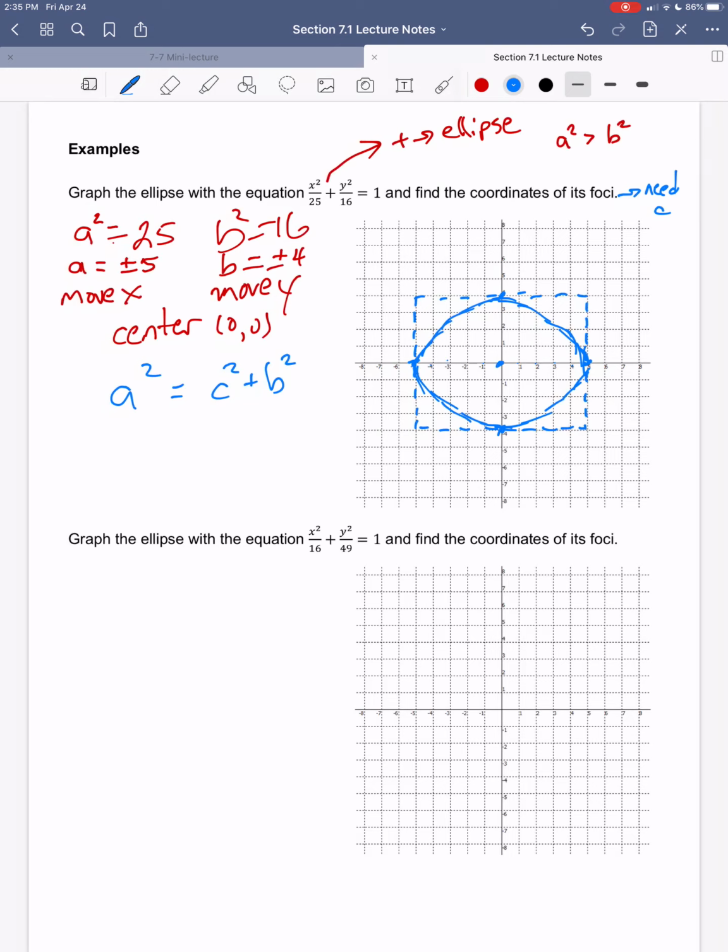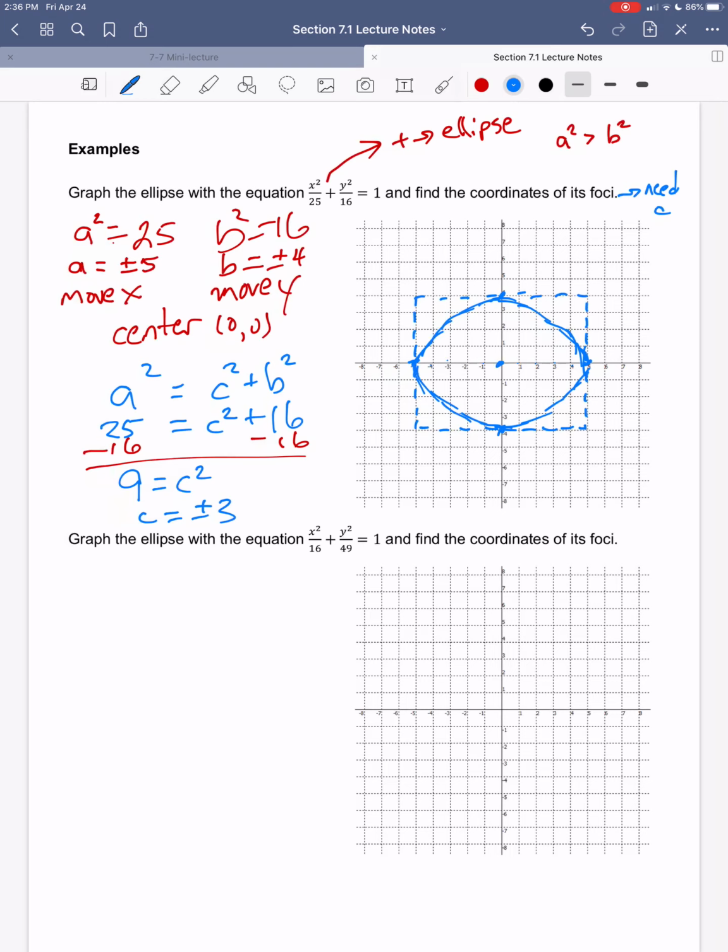A squared is 25. B squared is 16. So now I'm just going to subtract 16 from both sides. So I'm going to get 9 equals c squared. So c is going to be plus or minus 3.